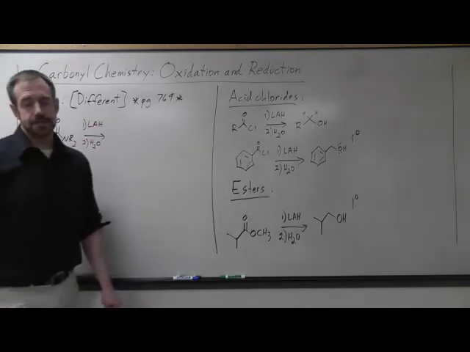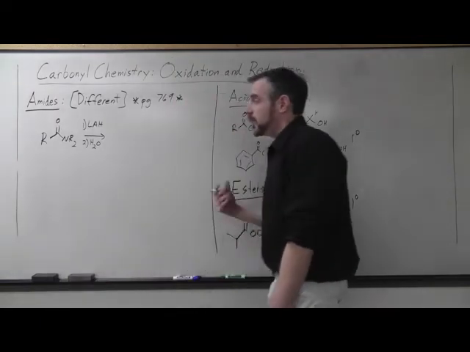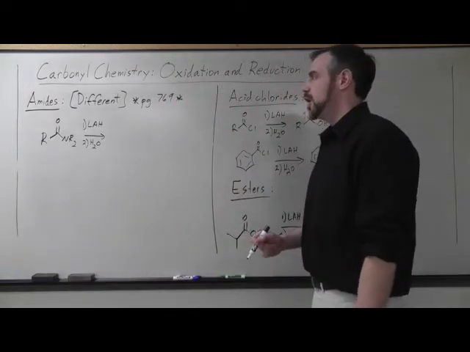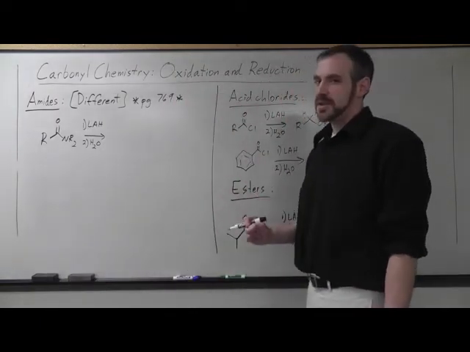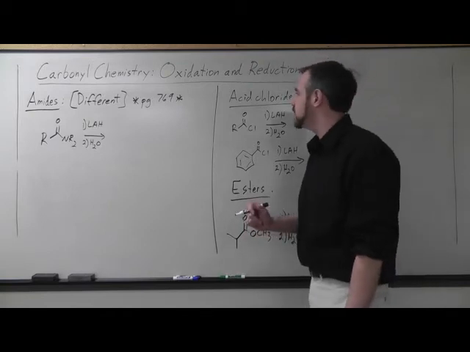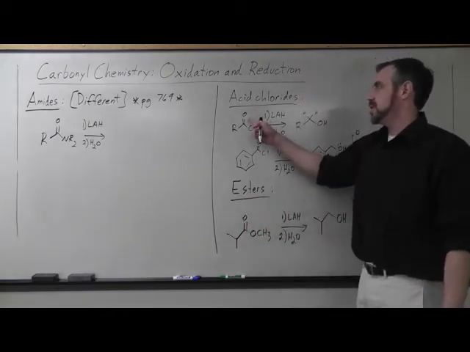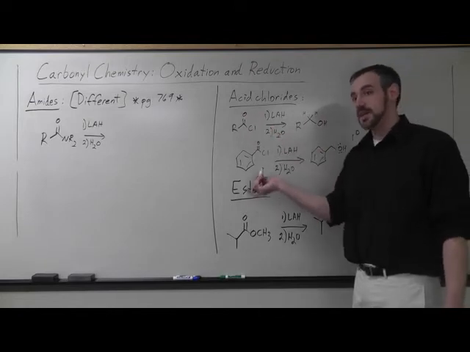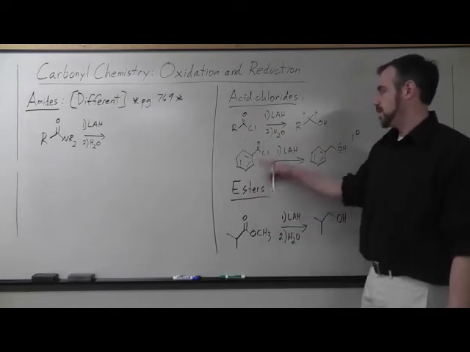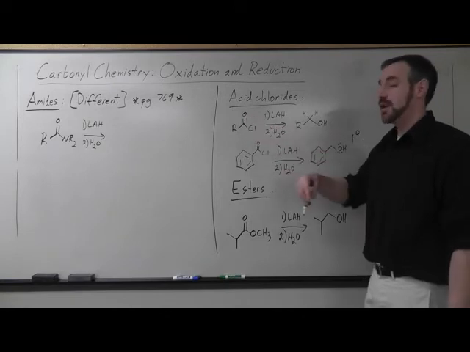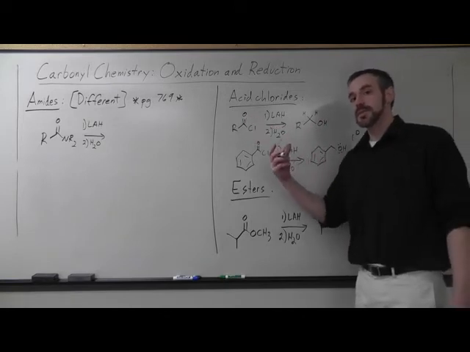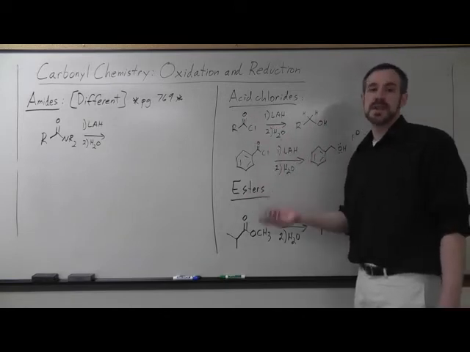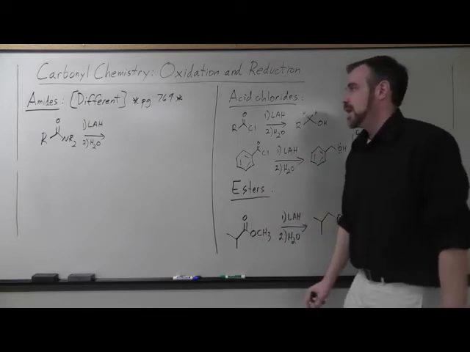For amides, the product that you get is different. If you paid close attention to the mechanism in the other reactions, it was always the carbonyl oxygen that stayed on the molecule. In these examples here, it's the carbonyl oxygen that becomes the aldehyde oxygen that then is reduced to the alcohol.